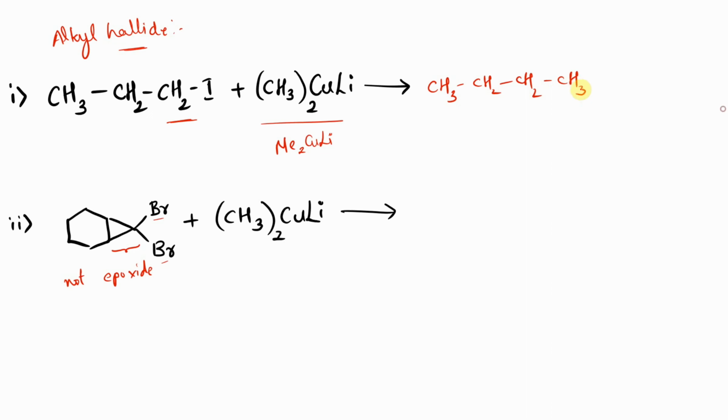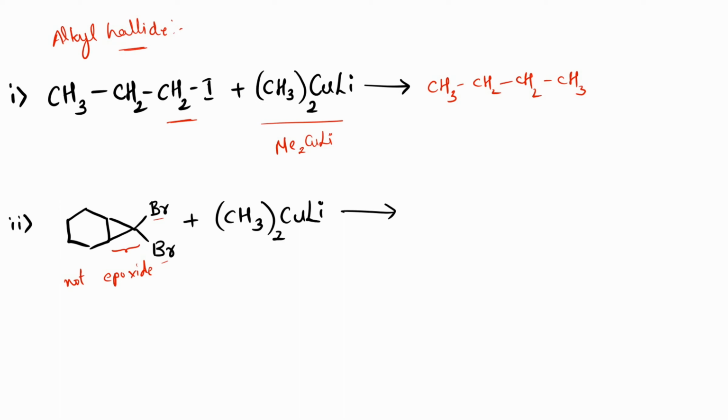This is the reaction product. So when you treat an alkyl copper lithium reagent, which is nothing but our Gilman reagent, with alkyl halides, we prepare alkanes, or you can say hydrocarbons, if you are using a Gilman reagent with alkyl or aryl halides.